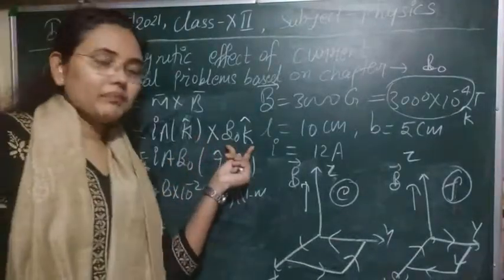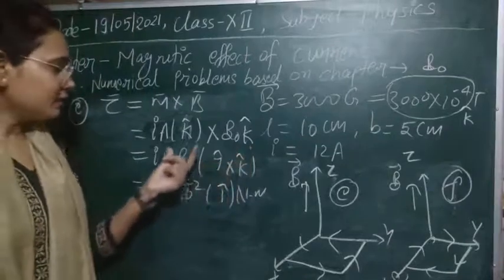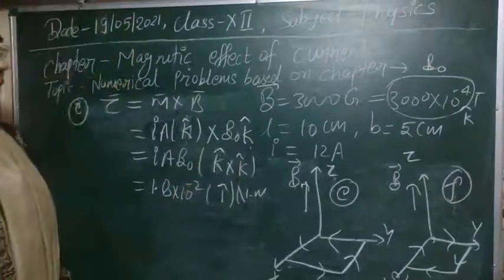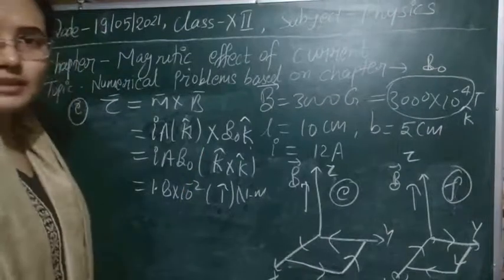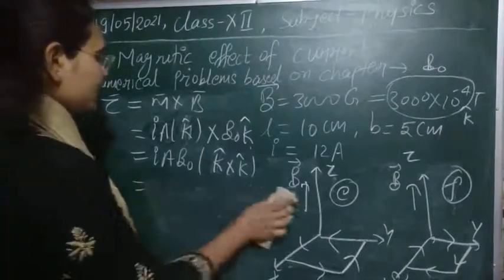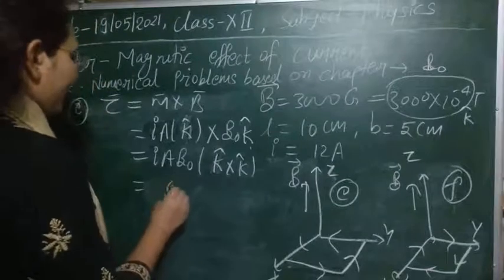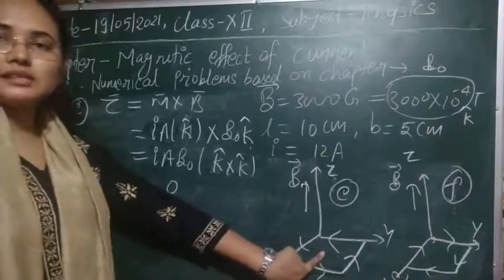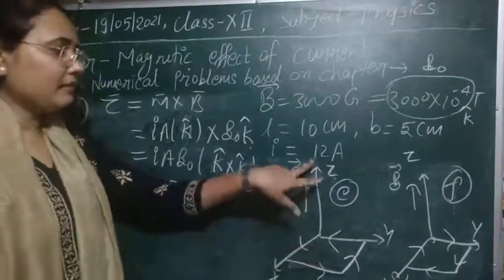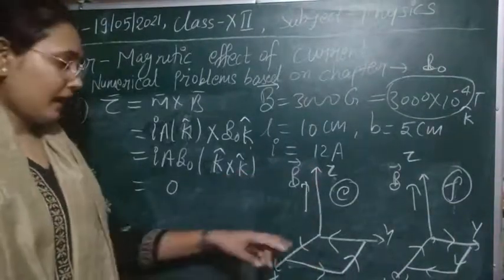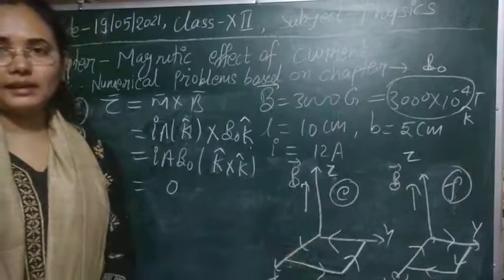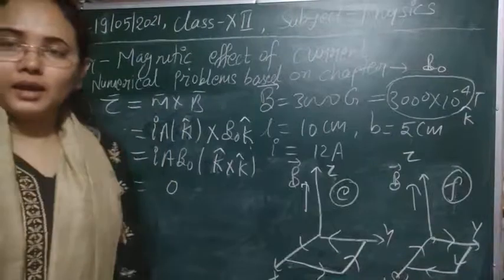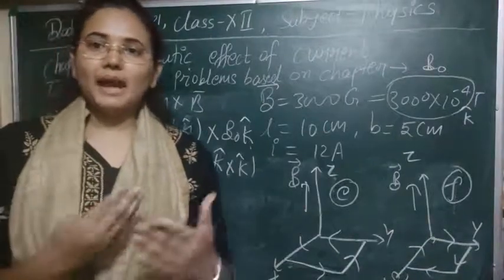And also our magnetic field is in the same direction. So here we will have K cross K, and you know that K cross K is equal to 0 here. So the torque acting on the loop is 0 whenever it is situated in the XY plane, with the magnetic field along this axis and the direction of current anti-clockwise. The simple case is that magnetic moment and magnetic field are parallel to each other.